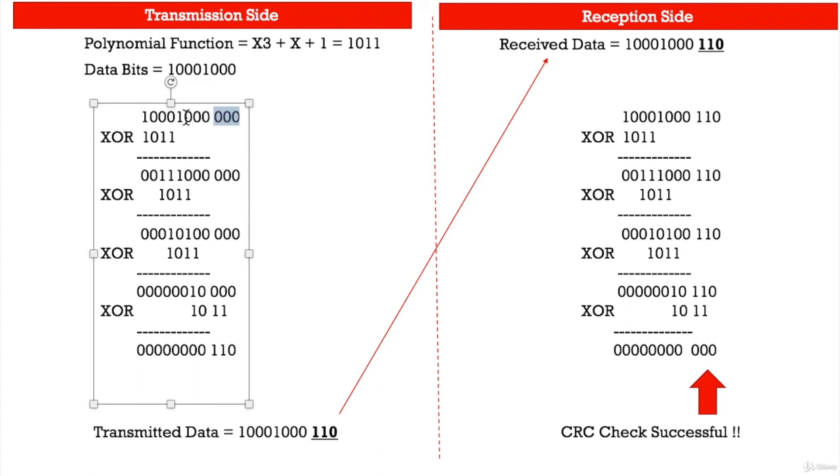So the entire processing on the data bits will start after appending 3 bits of CRC. Okay, so if the data bits were 1000 10000, then it will be the data bits and after that 3 zeros for the CRC. Okay, now this process will continue.